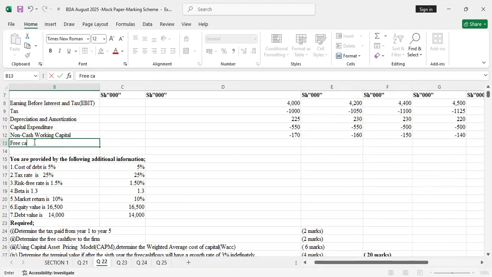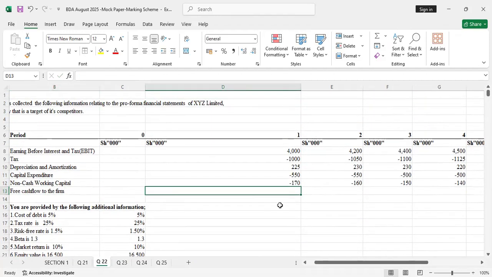Free cash flow to the firm. Yeah, so we'll start with year 1. Yeah, so we'll sum this, from earnings before interest and tax to non-cash working capital.